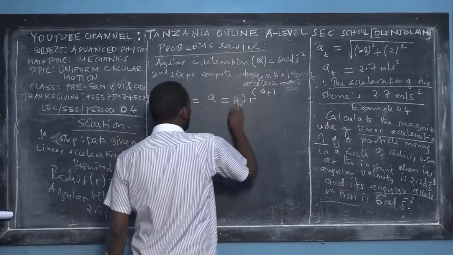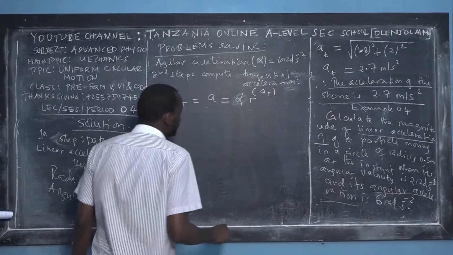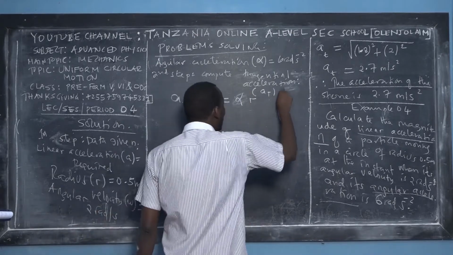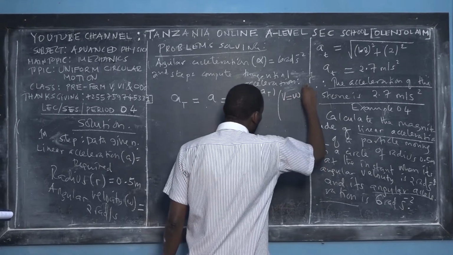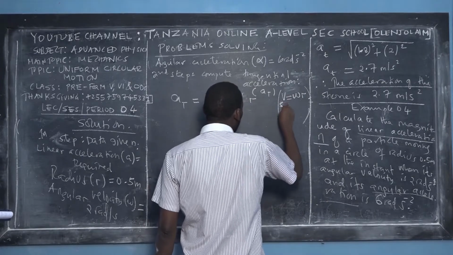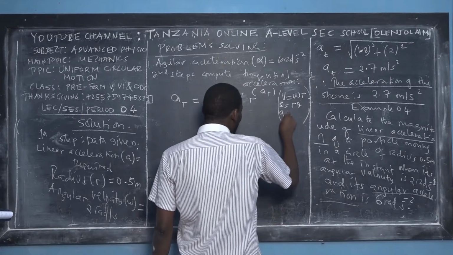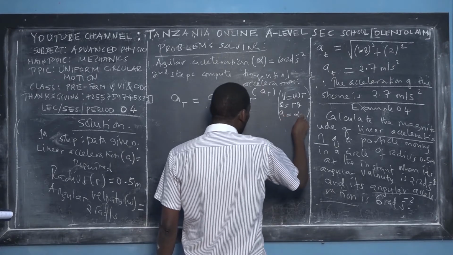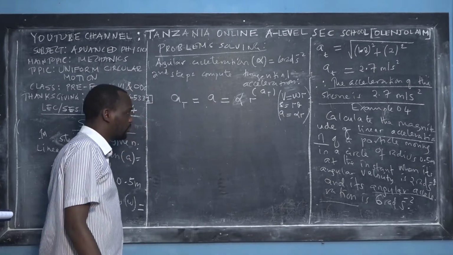This is for velocity, and this is for angular acceleration. Remember that linear velocity relates to angular velocity by this expression, linear displacement relates to angular displacement by this expression, and linear acceleration relates to angular acceleration by this expression. So you see, radius is common to them.